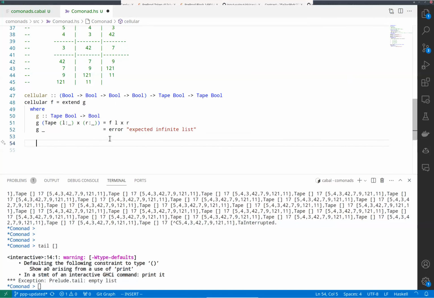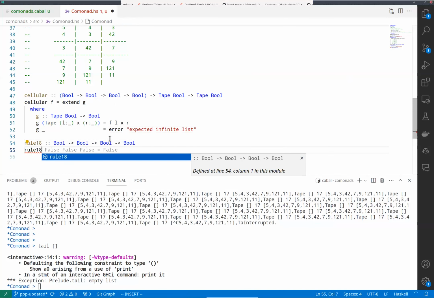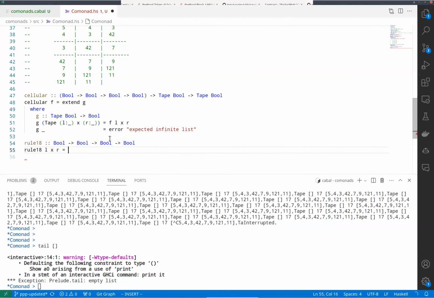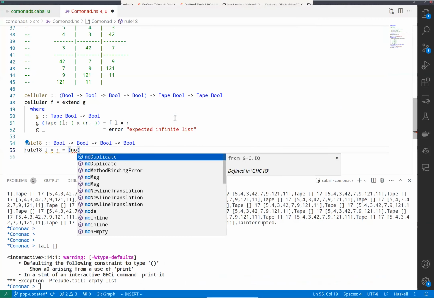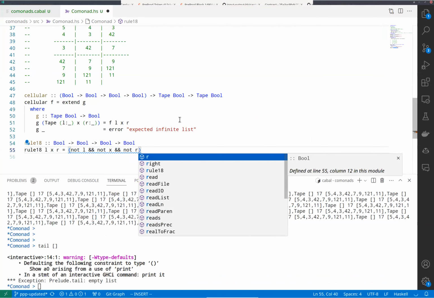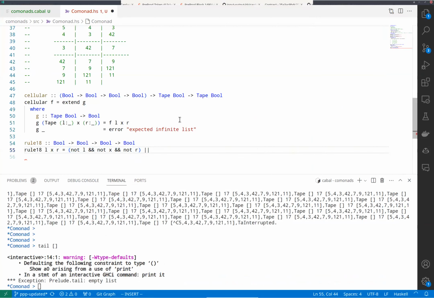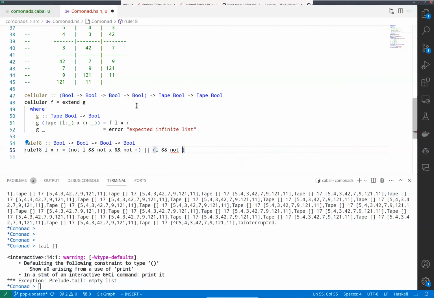So rule 18, left, center, right. Either all 3 are 0, so not L and not X and not R, or 1, 2, 4, 8, 16, or left and not X and not R. I hope I got that right.